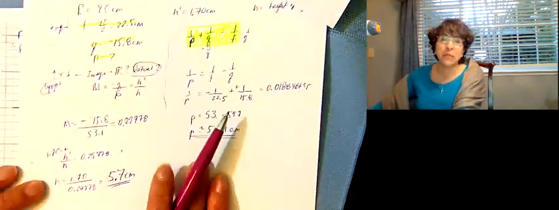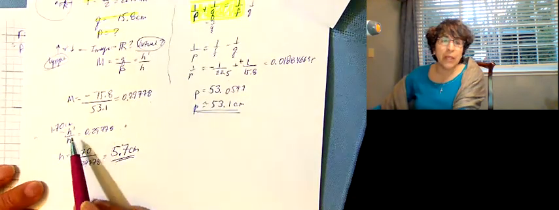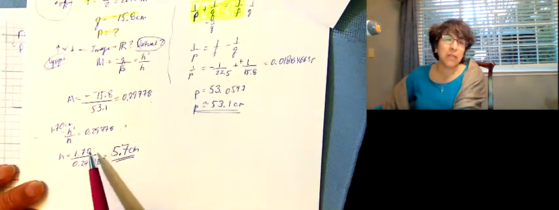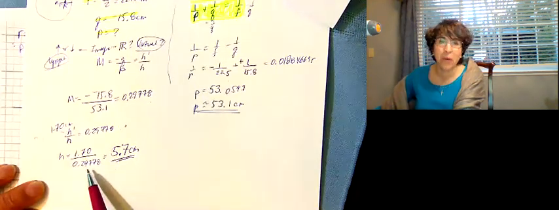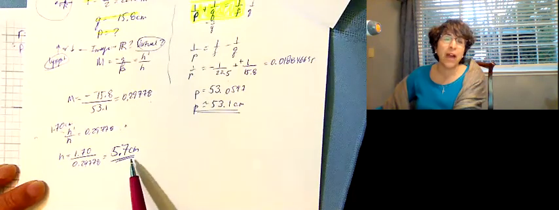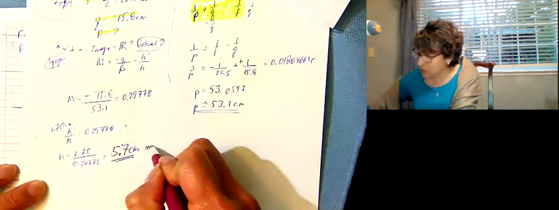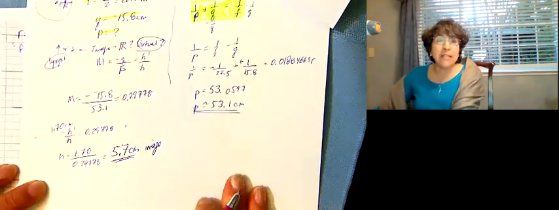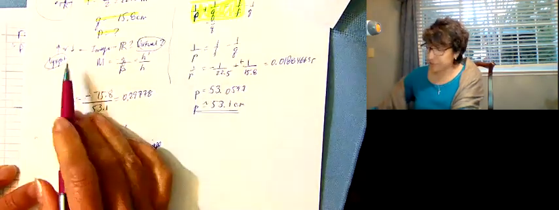So always look and see if it makes sense. So you look at your magnification, and I need it to be bigger. That's another way to do it. So I divide it by 0.29778, whatever's in my calculator, and I end up with the height of the image. And since it was upright, I say it's upright, and it's on the other side, so it's a virtual image.